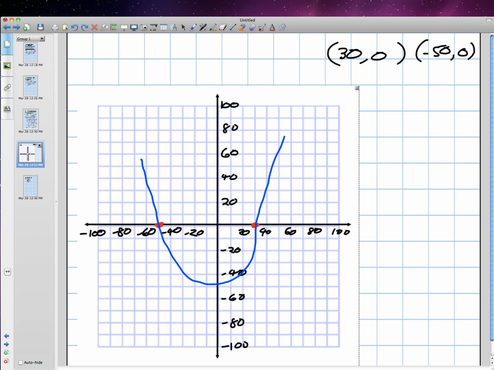Now, to find everything else, we're going to need to find the vertex of this. The x value of the vertex is the same as the axis of symmetry, or AOS. The axis of symmetry is r plus s divided by 2. Our r and s are the 2 x-intercepts.